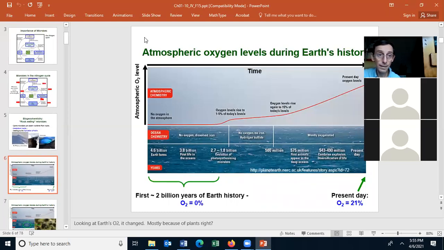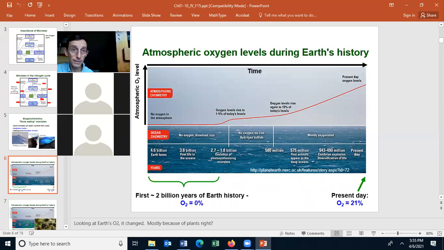If we look at the atmosphere levels in the Earth's history, we find that at the very beginning of the Earth's history, for at least 1.8 billion years, there was essentially no oxygen in the Earth's atmosphere.